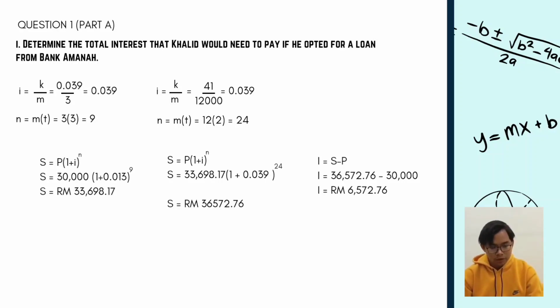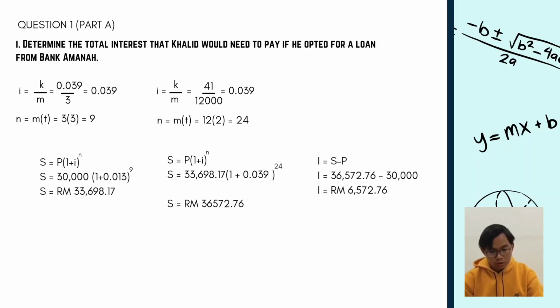And it's the same formula, but for P you must use 30,698.70, and you can get S equals 30,698.70 bracket 1 plus 0.0034 to the power of 24, and then you can get S equals 36,572 ringgit and 17 cents.